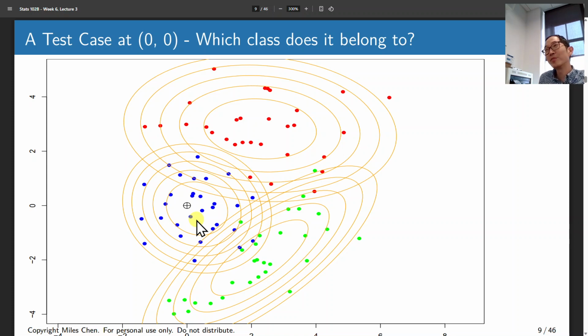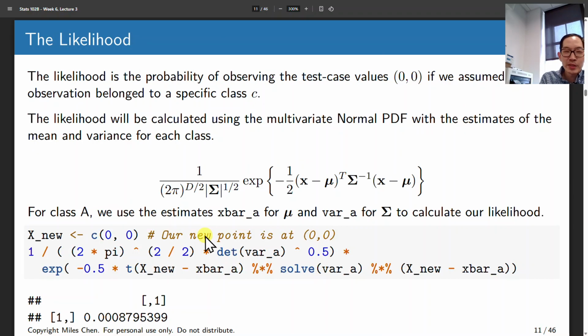But in most real-life situations, we don't know the generating distribution, so we just have to use our best guess for that, and our best guess is based on whatever we've estimated here.